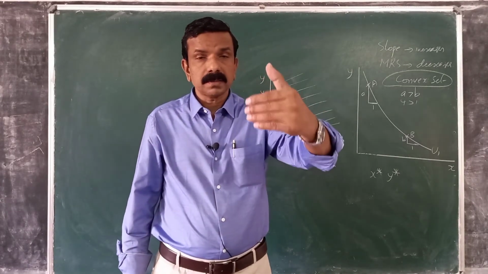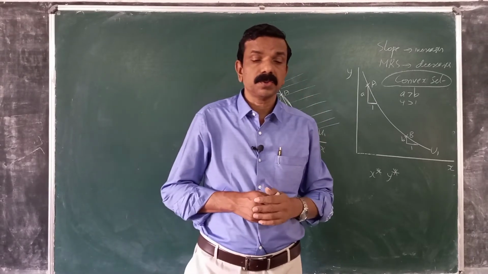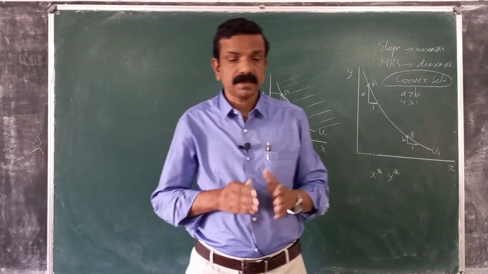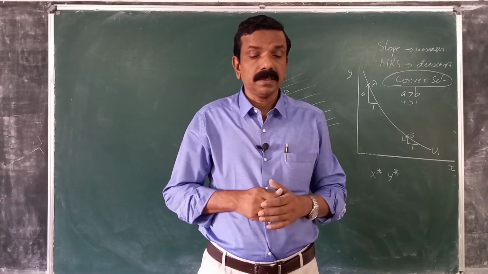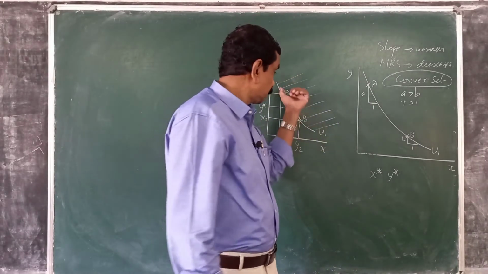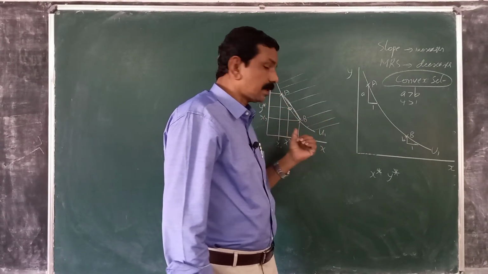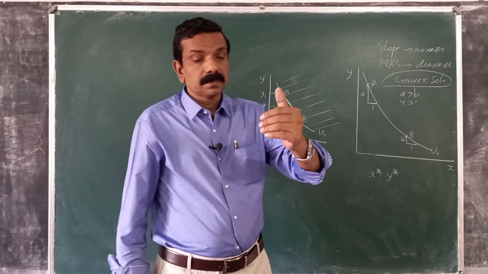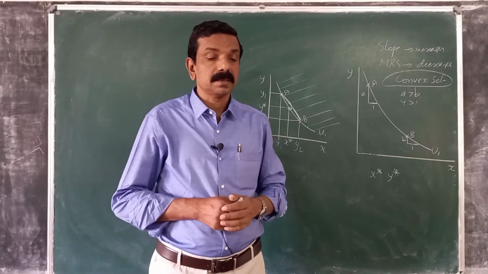So in the context of indifference curves, diminishing marginal rate of substitution is equivalent to the assumption that all the combinations of x and y that are preferred to or indifferent to a particular combination y star x star form a convex set.